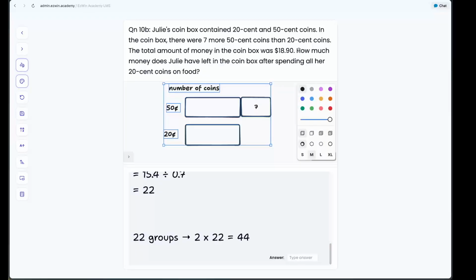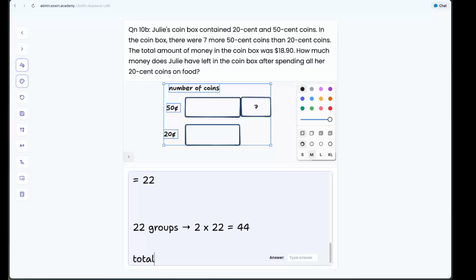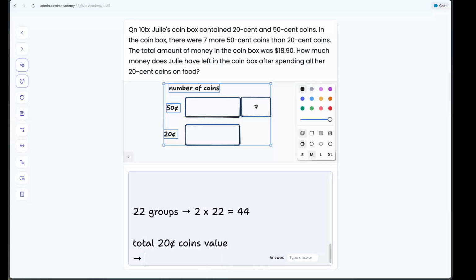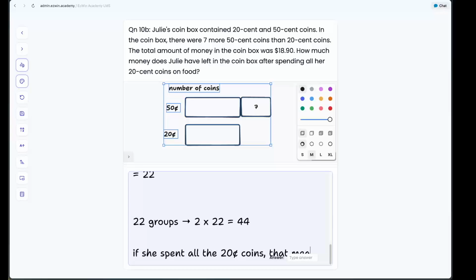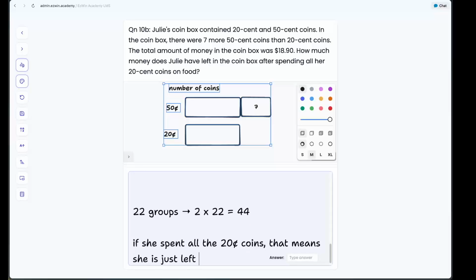So question 10b, part B: how much money does Julie have left in the coin box after spending all her 20-cent coins? So we know we got 22 groups, so the total 20-cent coins value is basically equal to 44 times 0.2, and this will give us, actually no need. You can just find, if she spent all the 20-cent coins, that means she is just left with the 50-cent coins.